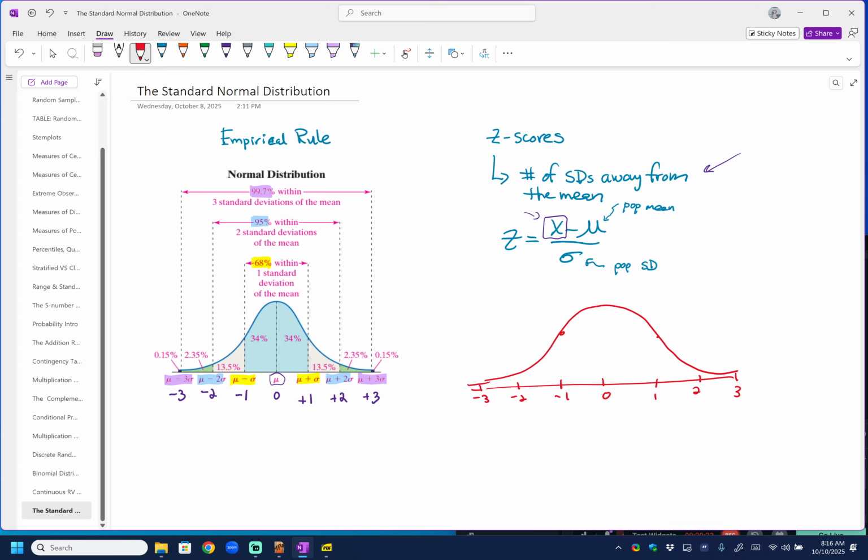All right, so this is called a standard normal distribution. So to be clear, there is only one standard normal distribution, whereas there are infinitely many just ordinary normal distributions.